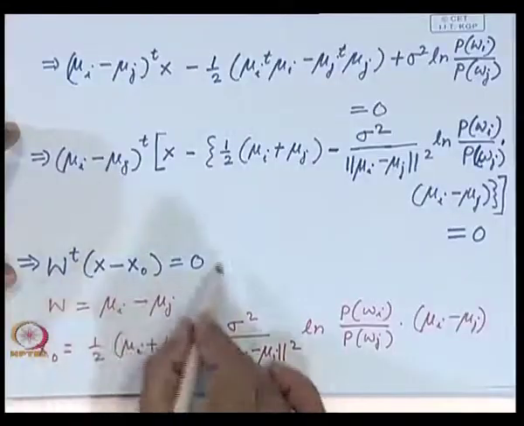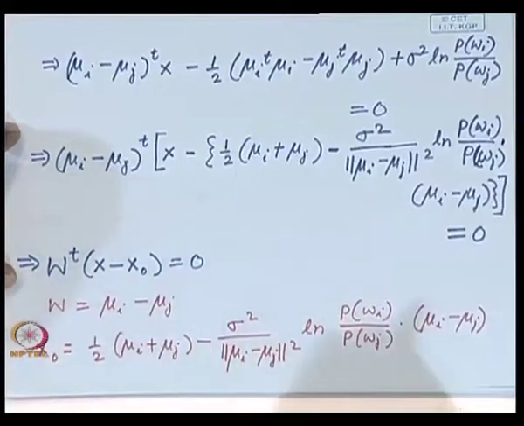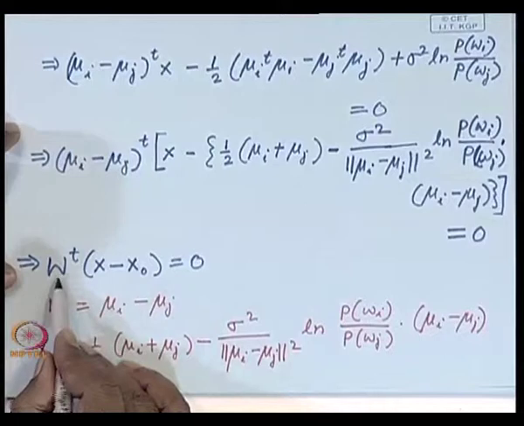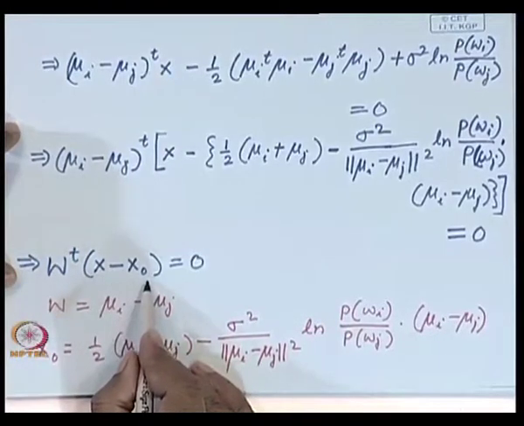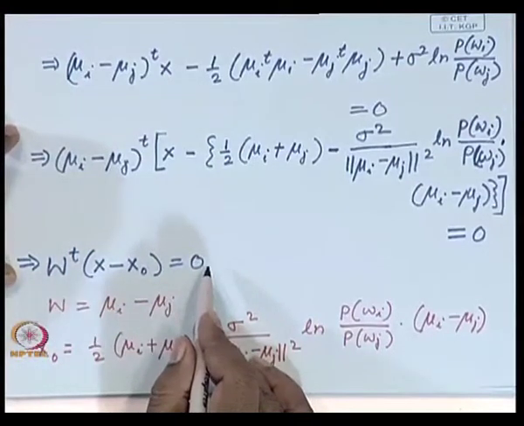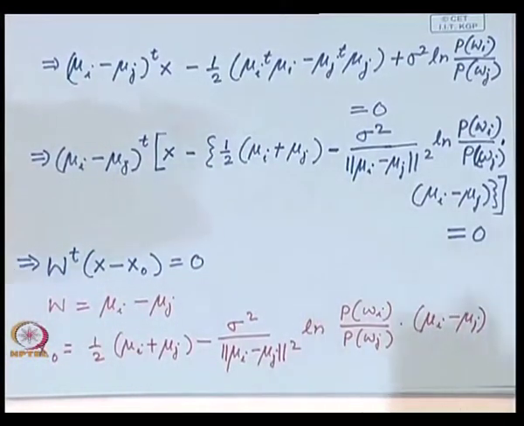So, what information do we get from this? Here you find that W transpose (x minus x_0) equal to 0 is the decision boundary between the ith class and jth class.